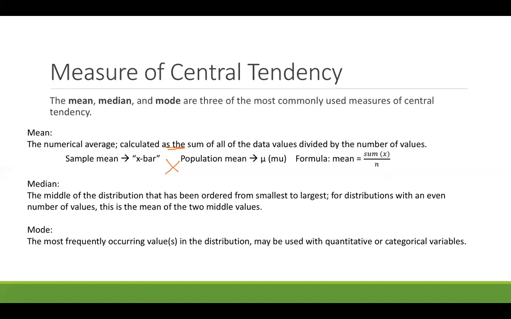If they give you an even number of values, you find the two middle values and just take the average of those. So you add them together and then divide by 2, and that would be the median. And then the mode is just the most frequently occurring value. It's just whatever occurs the most in the values.